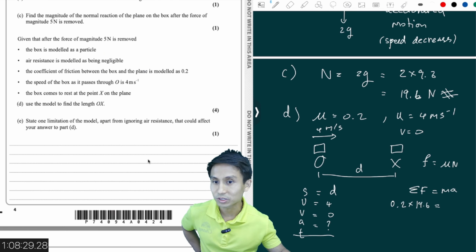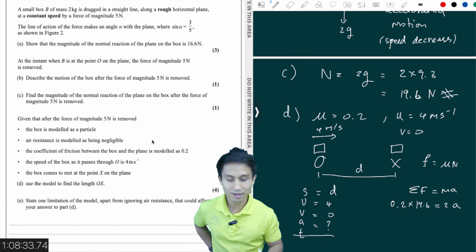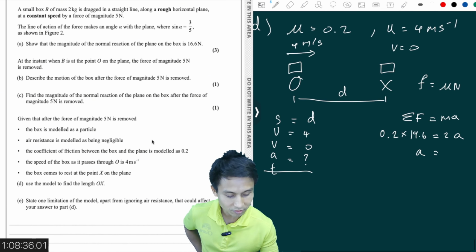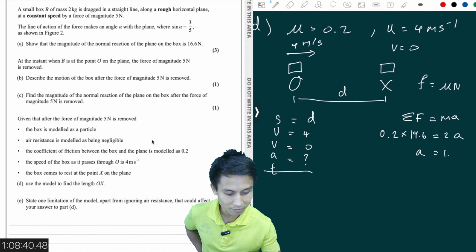Equals m, which was 2, and there we get a. So a is just what? 2 cancel 0.2, we get 0.1, 0.1 times 19.6, we get 1.96. There, okay.